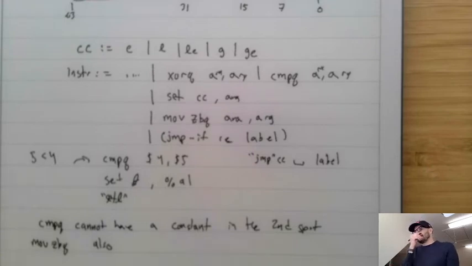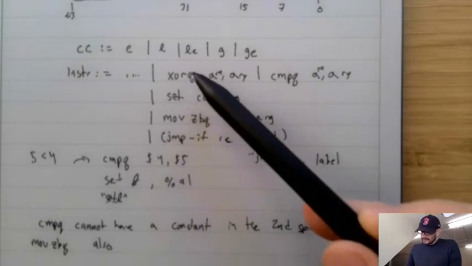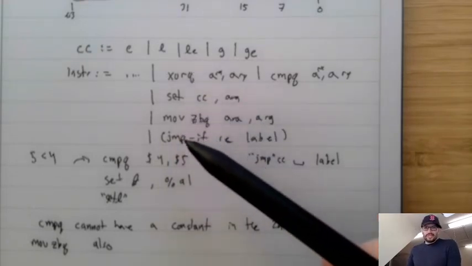All right. Okay, so what I've just talked about, you've got to update your X interpreter to deal with all of that stuff. Do I have any advice for how to do that? XOR you just implement, move ZBQ you just implement as well.